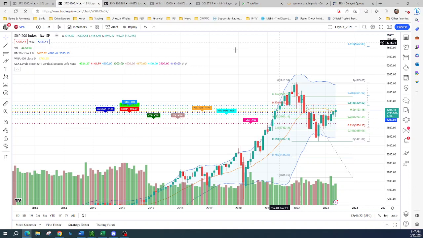If you try to project a bottom, since we started the downtrend back in 2020, the bottom so far at 3,400 was my 61.8%, and the projection goes up to 2,681. This is just a projection. I'm not saying the market will go to 2,681. This is only a projection using a tool.